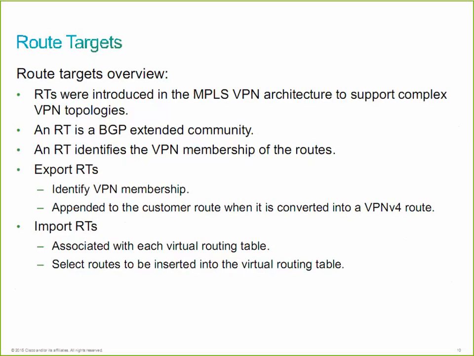So if you consider that, and this often happens, by the way, if you consider that a client may want to participate in more than one VPN, we have to initiate a secondary function within MPLS. We call these route targets, or RTs, okay?